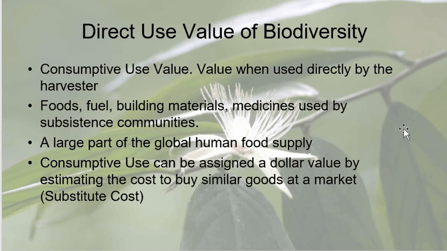It's not actually sold to anybody. Okay? How much would it cost to go to the supermarket now and buy pork? So the cost that it would take to buy the equivalent amount of pork would be known as the substitute cost for that wild hog shot in the forest. So in that way, a dollar value can be assigned to consumptive use, however indirectly and maybe possibly inaccurately.